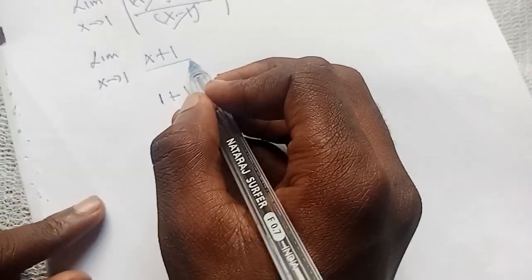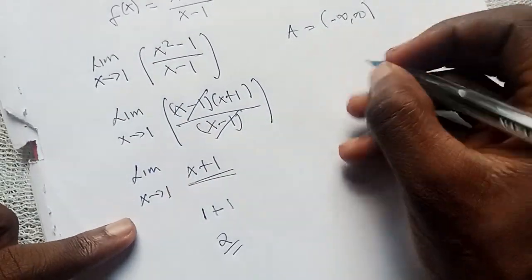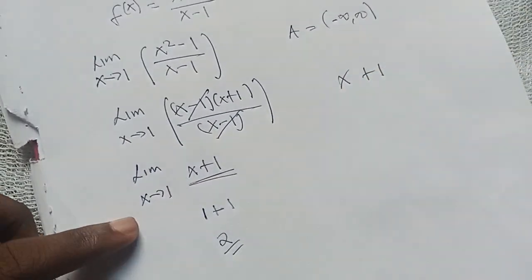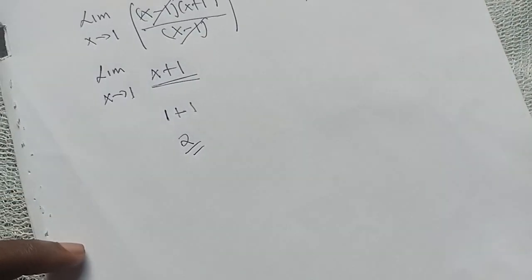So now, what does this mean graphically? Upon evaluating this limit, we found out that the only part which is defined is this part. It's more like this is the graph of x plus 1. And how does the graph of x plus 1 look?